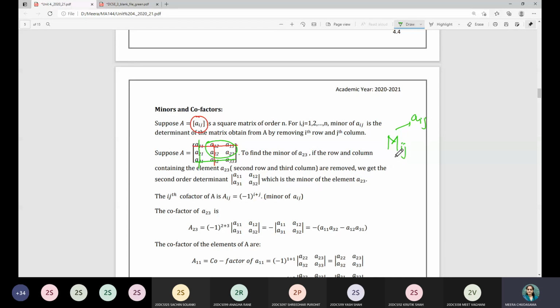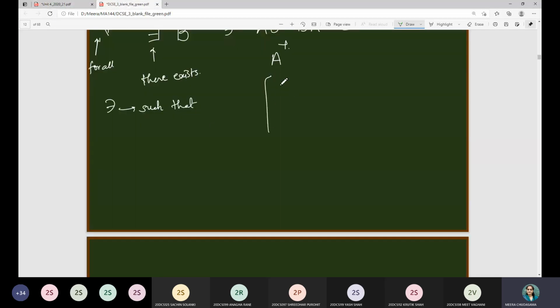And once you have M_ij, you can find the cofactor C_ij as minus 1 raised to i plus j times M_ij. And once you have cofactors of all these entries, suppose I consider a 3 cross 3 matrix, then C11, C12, C13, C21, C22, C23, C31, C32, C33.